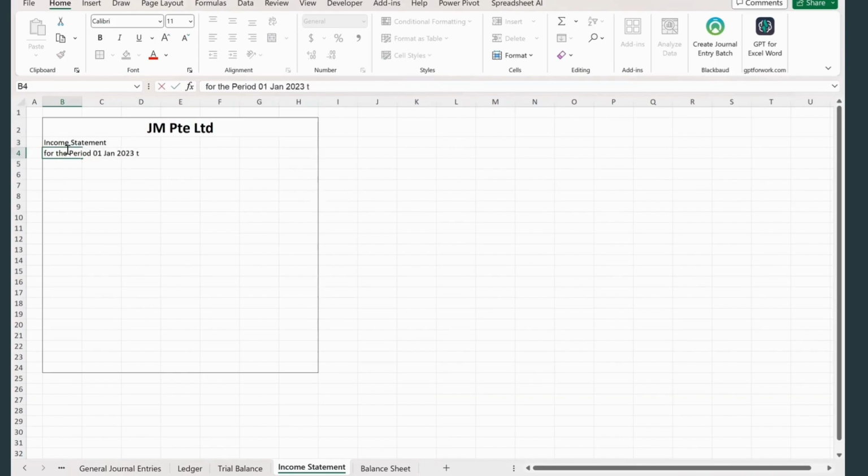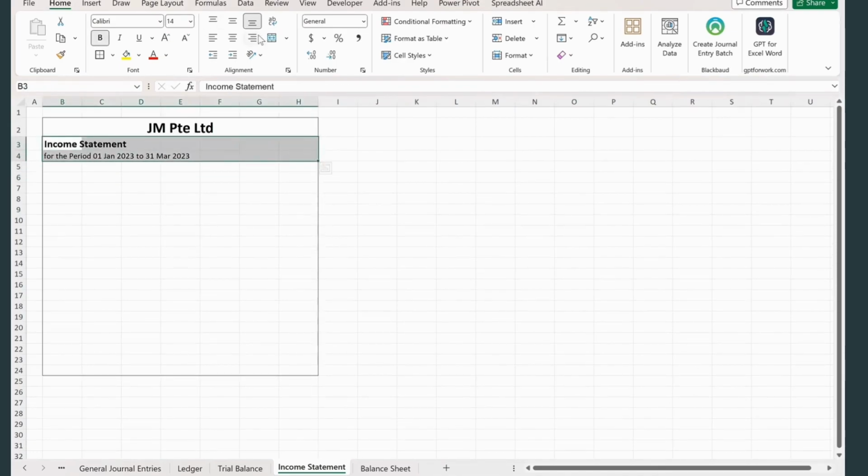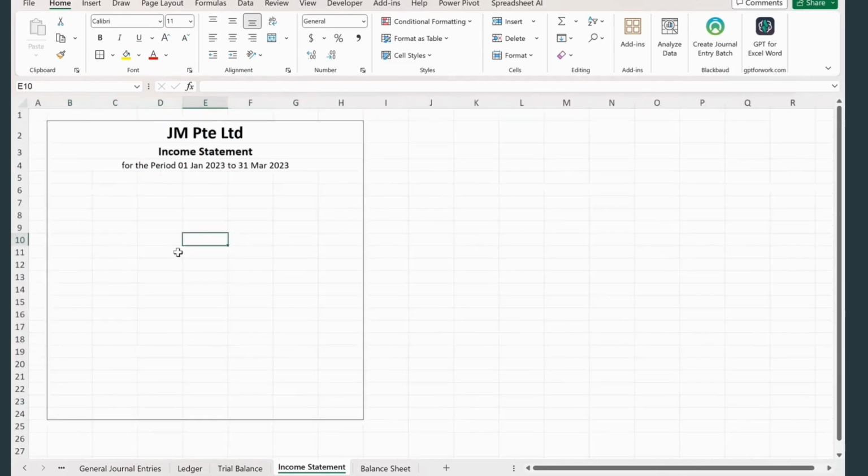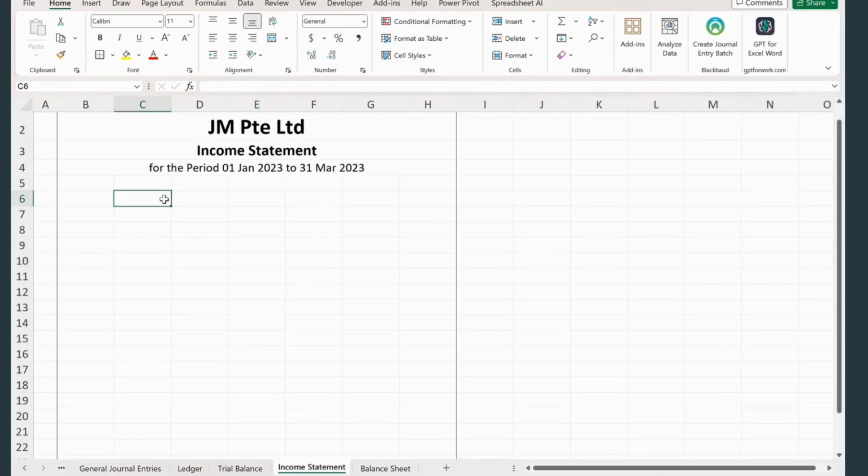JNPT Ltd income statement for the period 1st Jan 2023 to 31st March. Sales, cost of goods sold, gross profit.